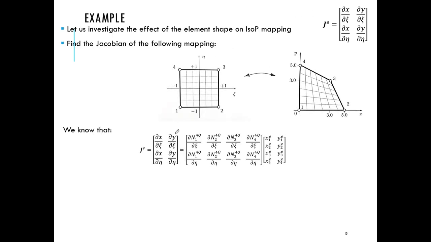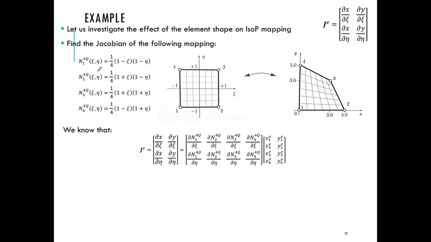When we expand this expression out, we got this expression to the right here, which contains within it the derivatives of each of our shape functions. So that means that we do need our shape function expressions, and we need to find the derivative of each of these with respect to psi and with respect to eta.